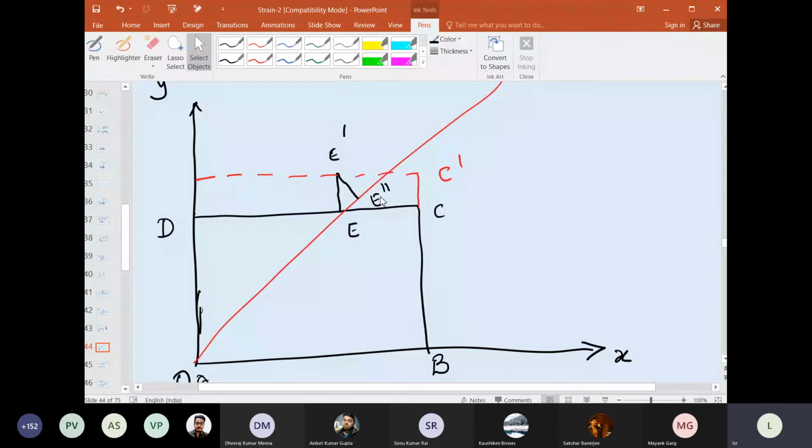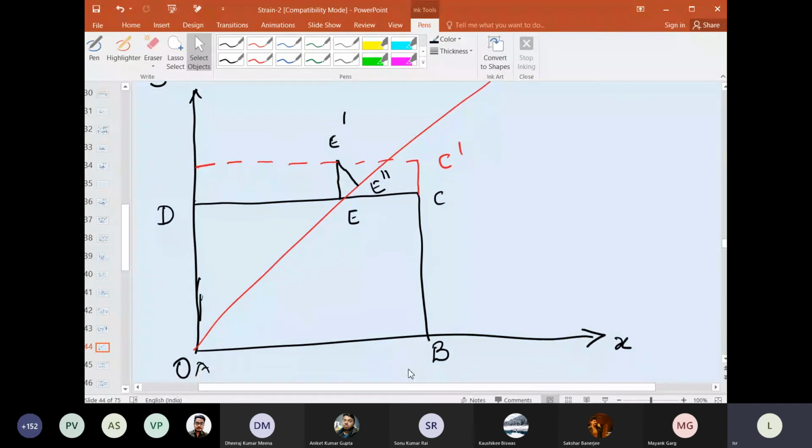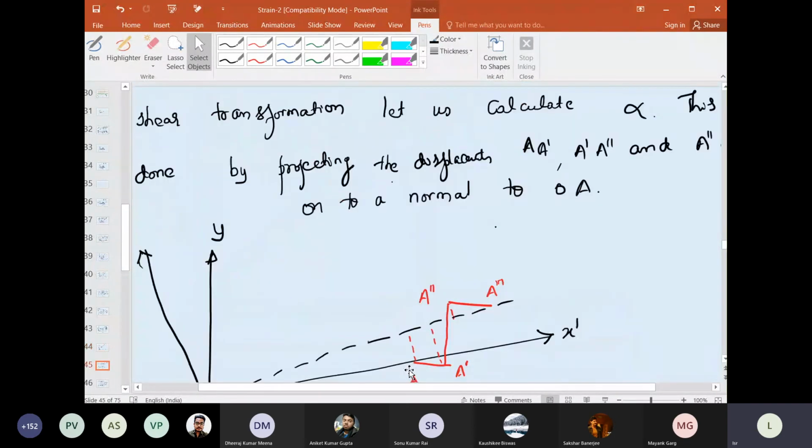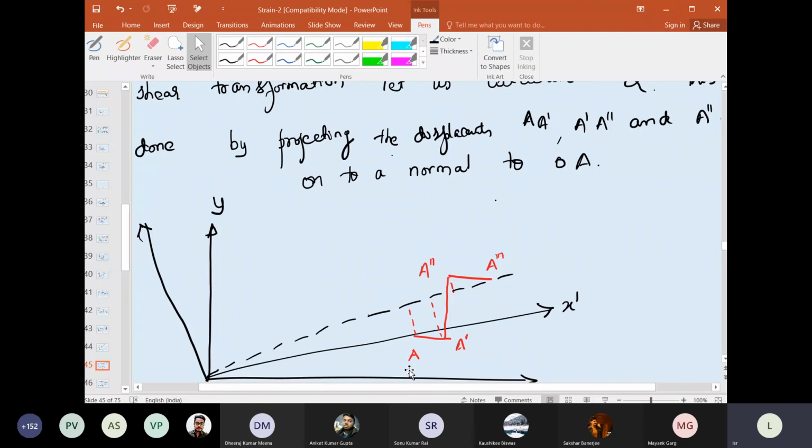I will not complete this angle theta, so you can find out what E dash extension divided by OE is. You can find out OE, the original length, then do the same procedure. So that is what I have done.